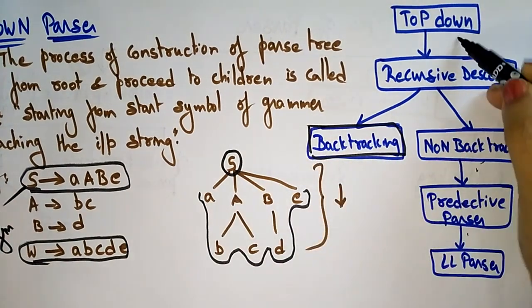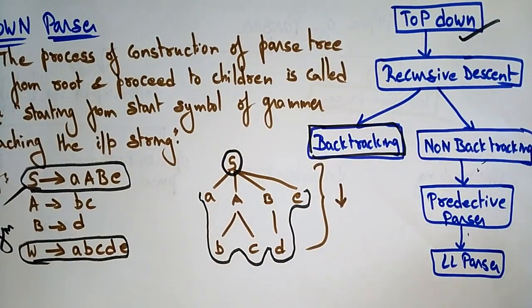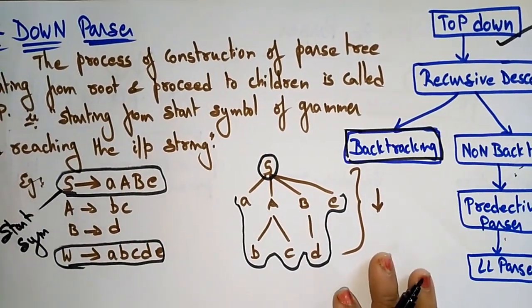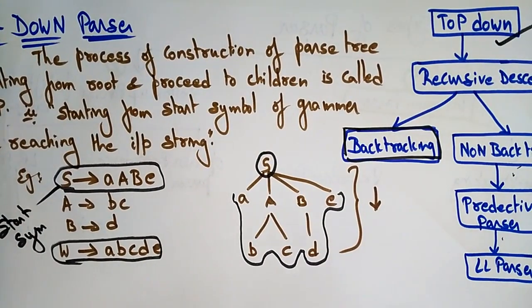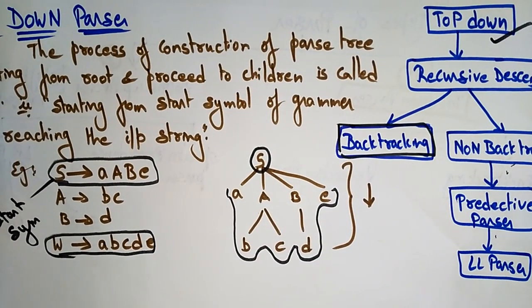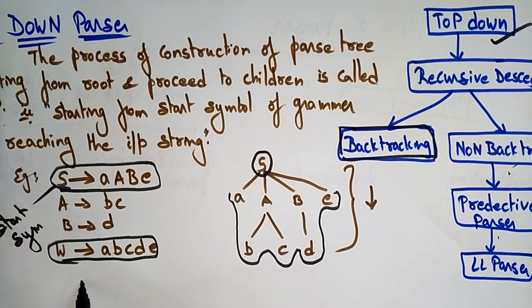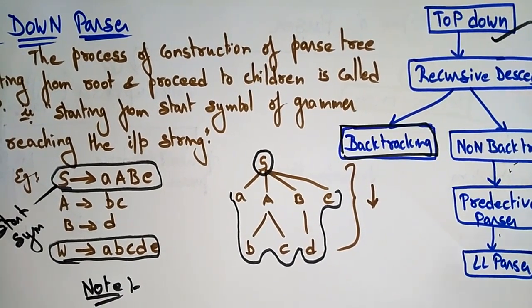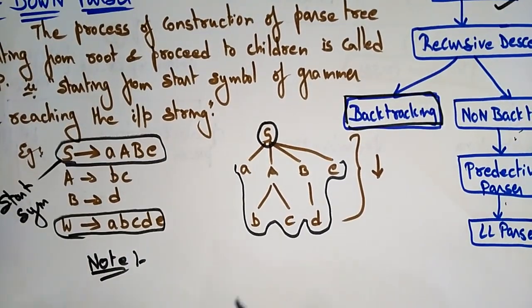We are discussing the top down parser, so we will see what backtracking is. Here you have to note that the top down parser internally uses leftmost derivation. The main concept here is that it uses the leftmost derivation. Let's discuss the top-down parser clearly with brief points. Later we will see backtracking.